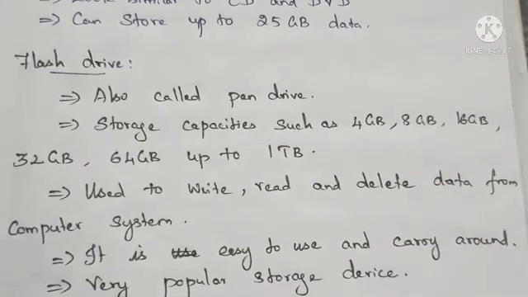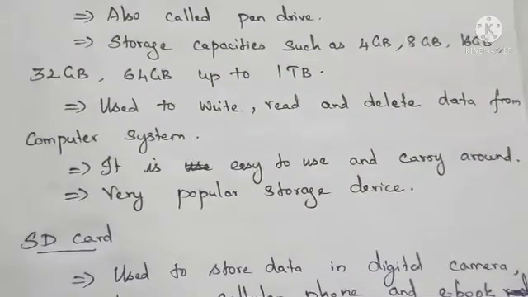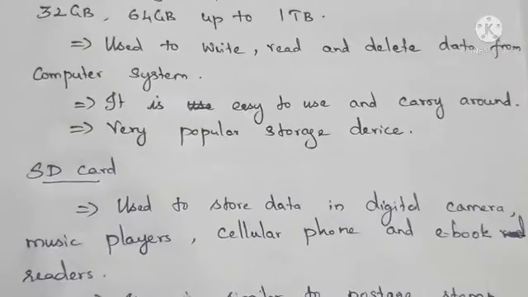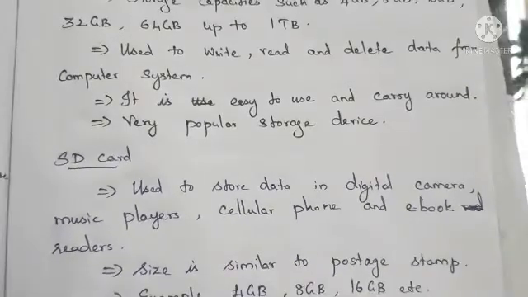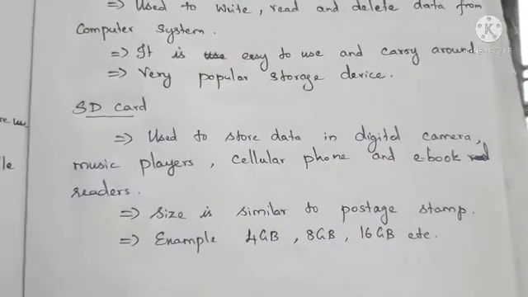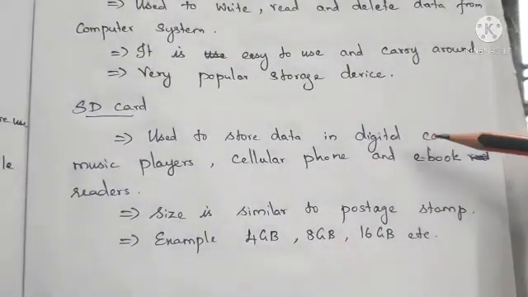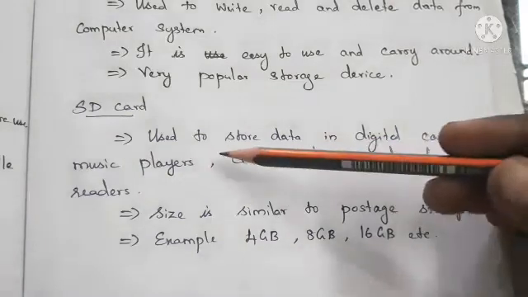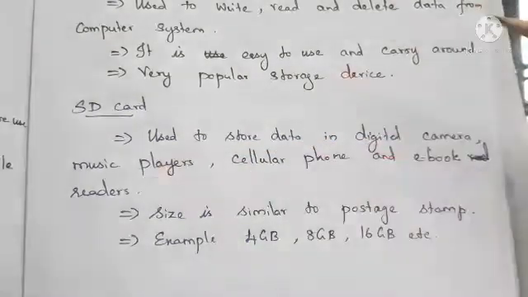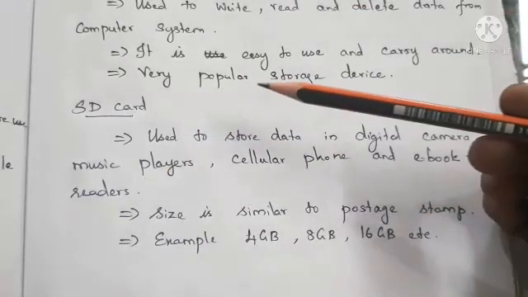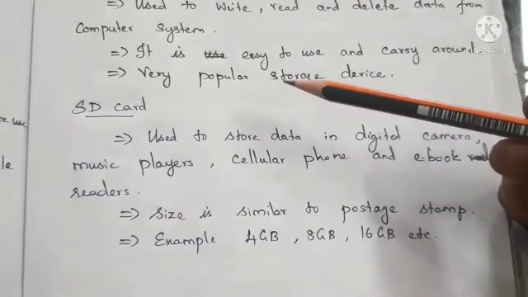And the last example of the secondary storage device is the SD card. SD card is used to store data in digital cameras, music players, cellular phones and e-book readers.